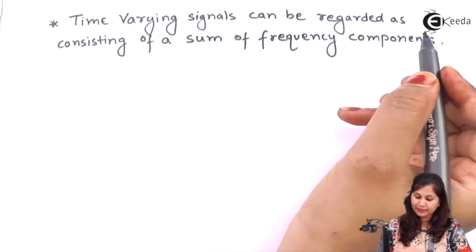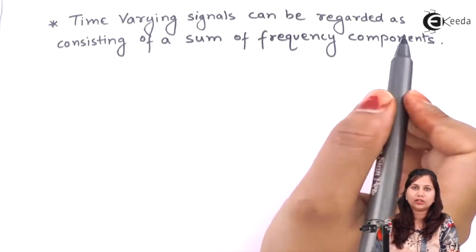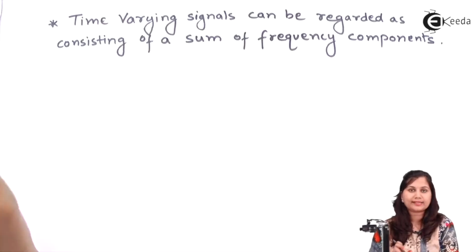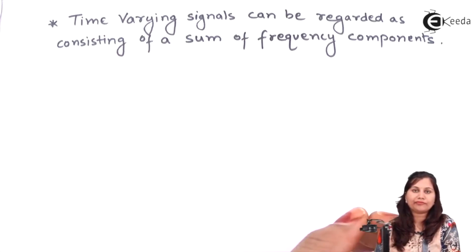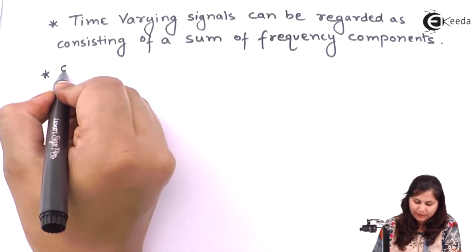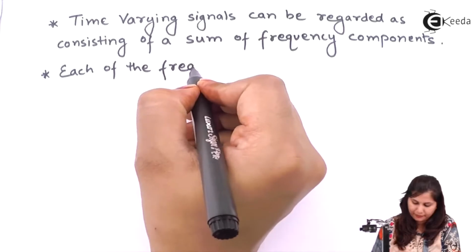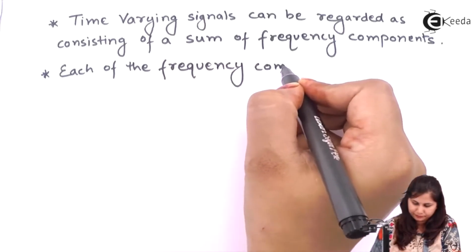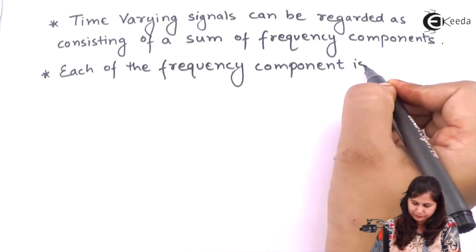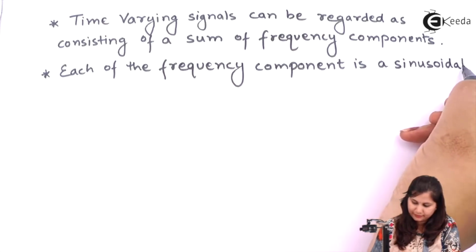can be considered as consisting of a sum of frequency components. So one signal will be a sum of various frequency components, and each of these frequency components is a sinusoidal signal.